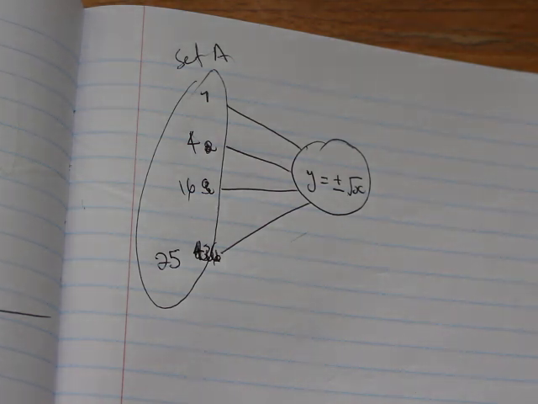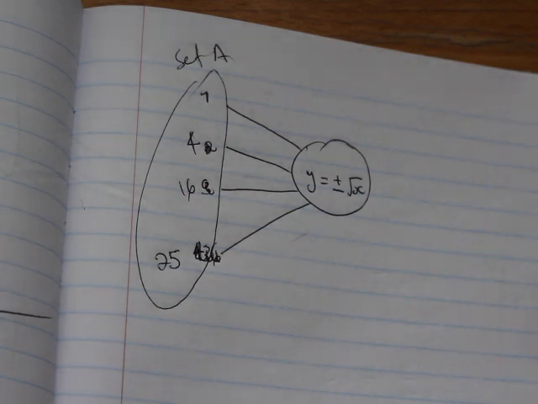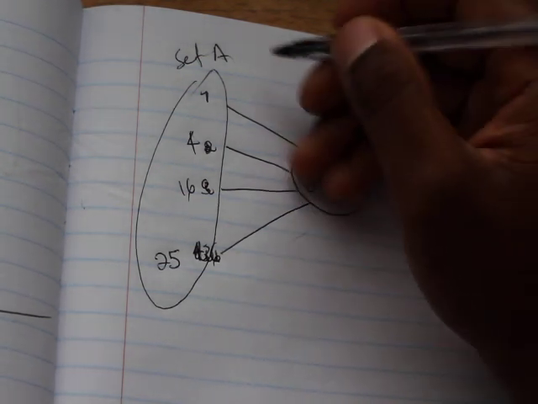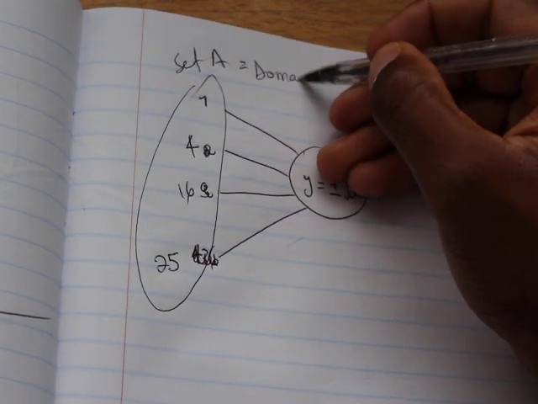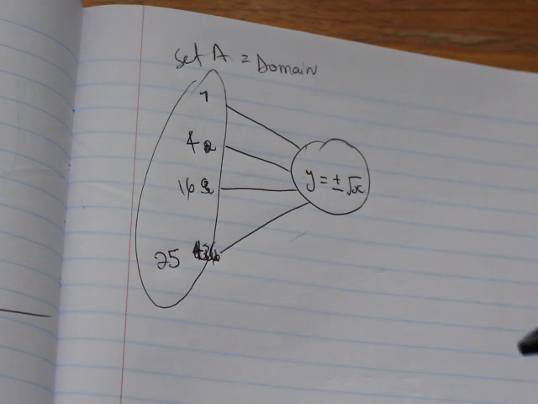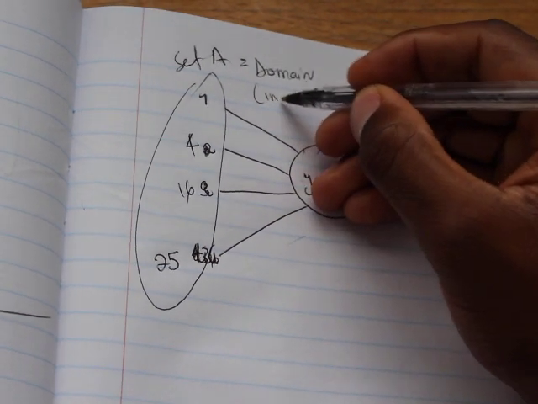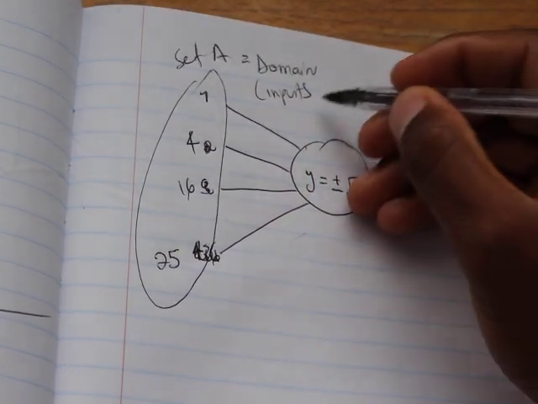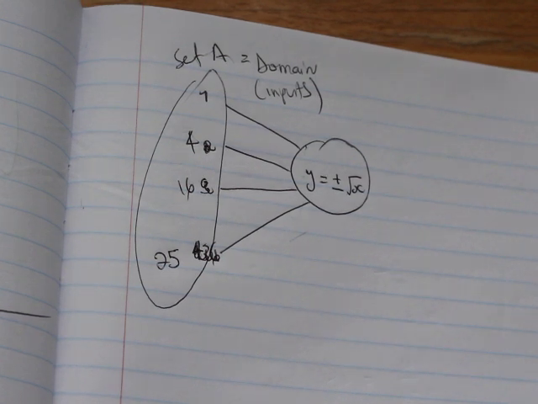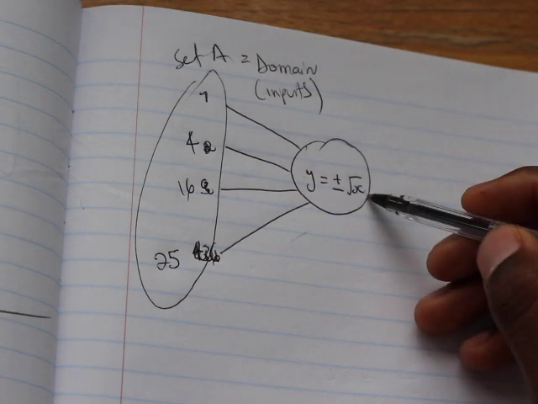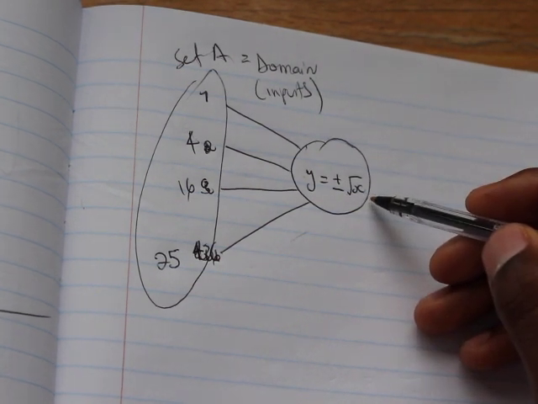Now we're going to find the corresponding values, and remember, this is our domain. That's the domain, and these are the inputs. Let's check the corresponding y values. So when you substitute 1 here, how many values are you getting?